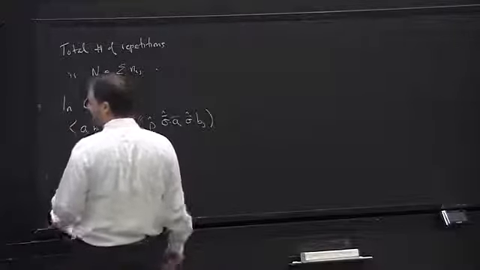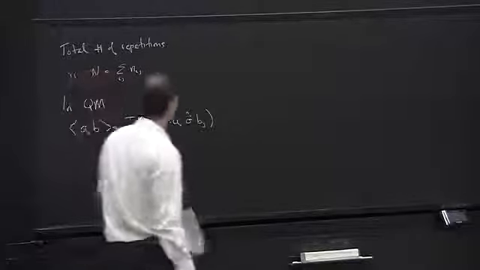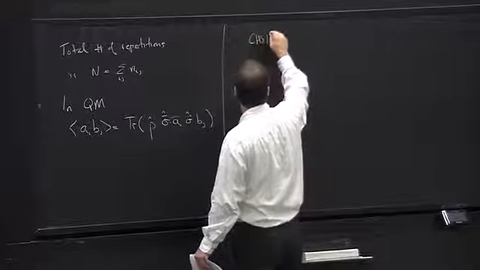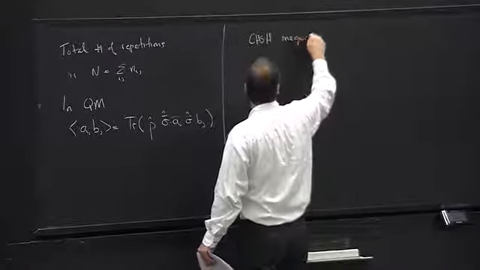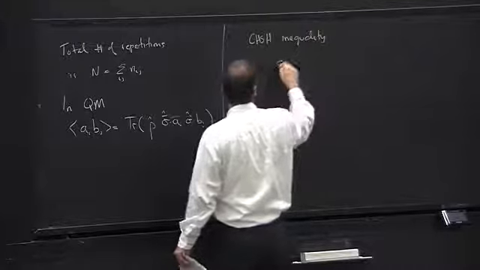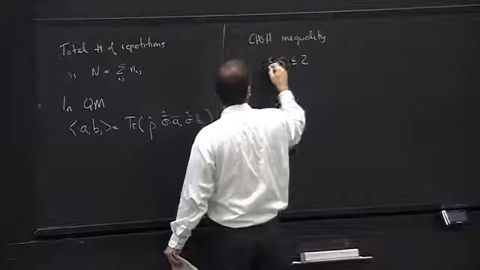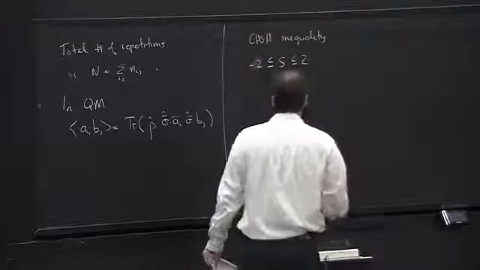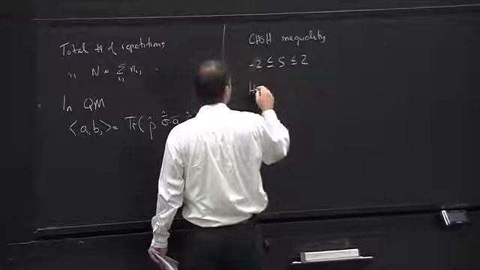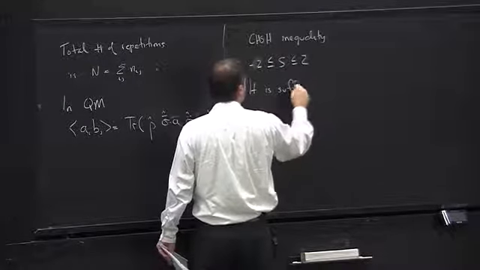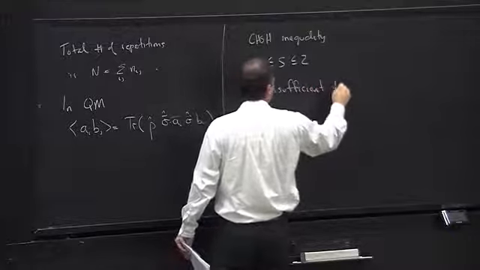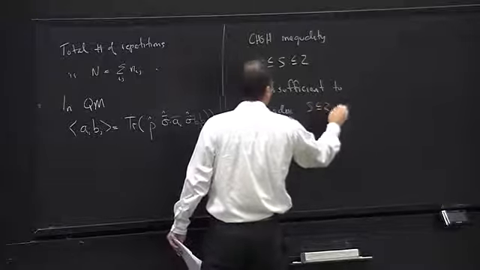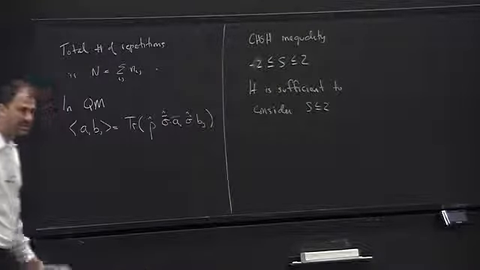And of course, we find that quantum mechanically we're going to violate a bound. So what is the bound? The CHSH inequality is that S is less than or equal to 2 and greater than or equal to minus 2. Here, it's sufficient to consider the right-hand side of that bound, that S is less than or equal to 2.